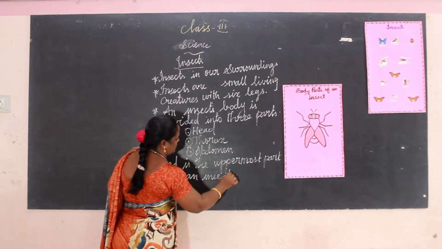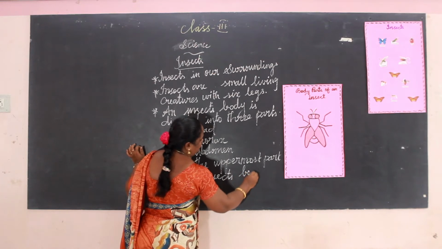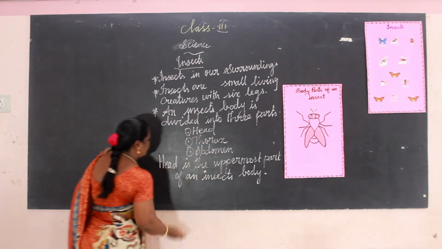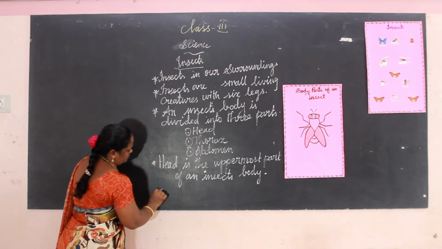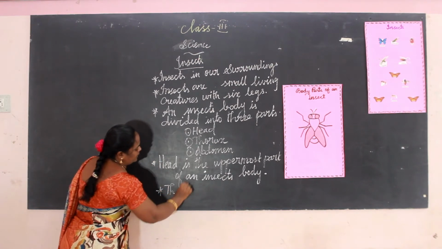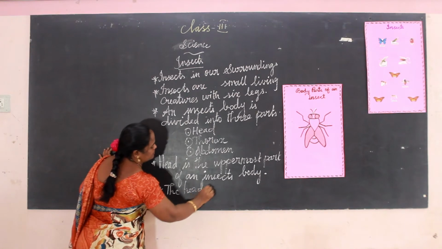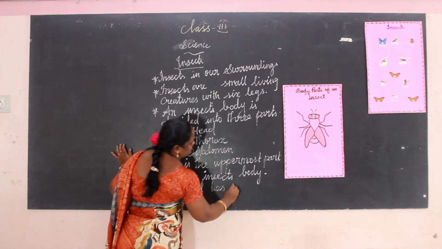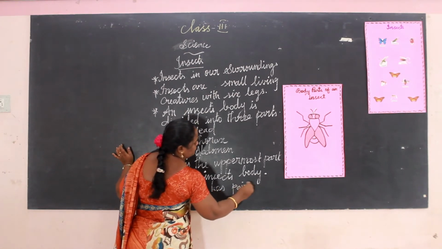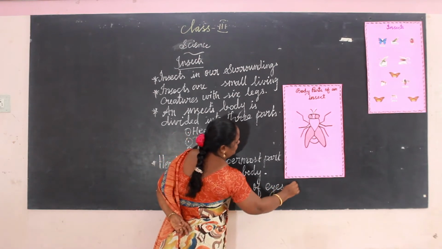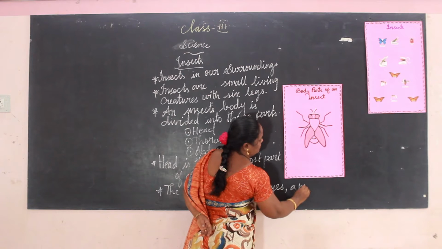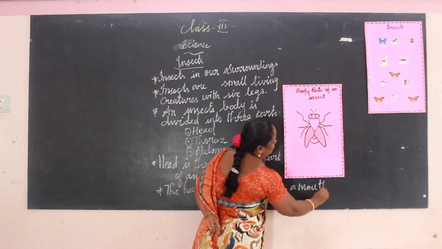The head has a pair of eyes, a mouth, and a pair of feelers.